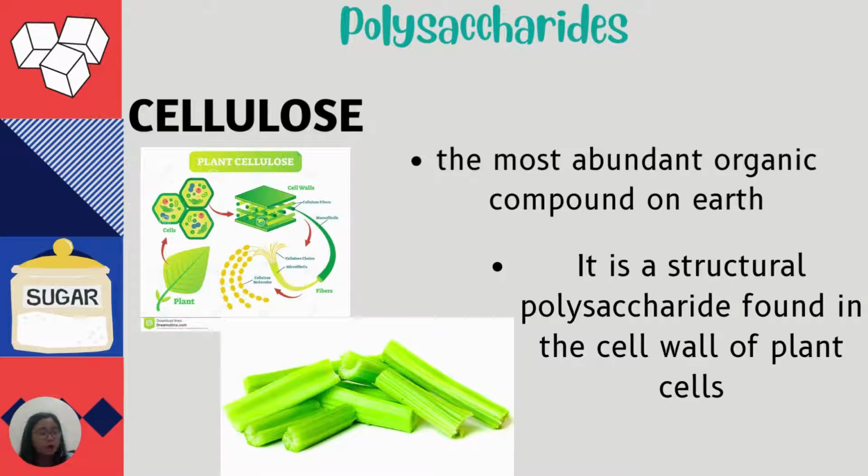So, ibig sabihin, all plants that contain plant cells have cellulose. It is a highly structural, insoluble carbohydrate that functions for support and protection of plant cells. It is also made up of long chains of glucose, just like starch.